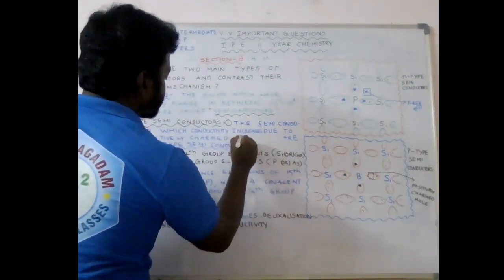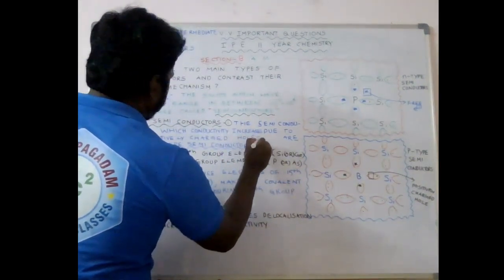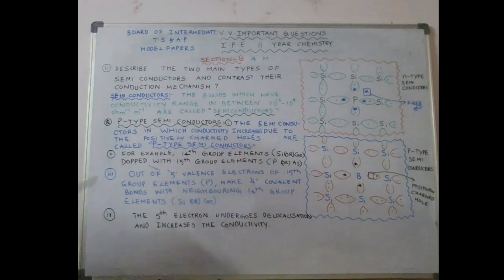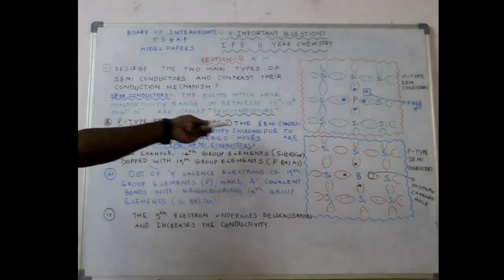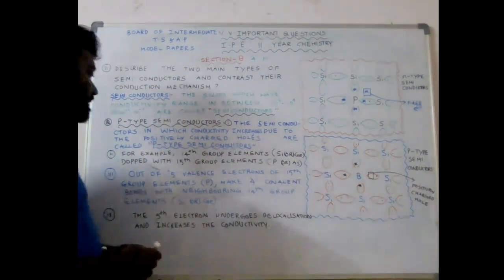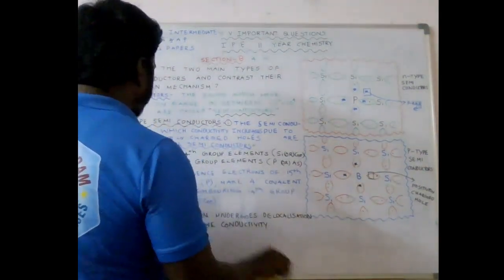Holes means empty space or vacant space, are called P-type semiconductors. Means if you learn that N-type, we'll get the P-type also. Just what I changed here, the semiconductors in which conductivity increases due to the positively charged holes are called P-type semiconductors.